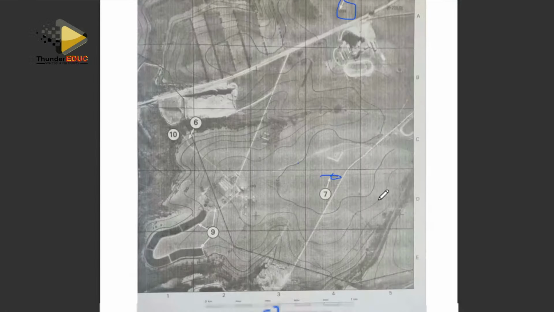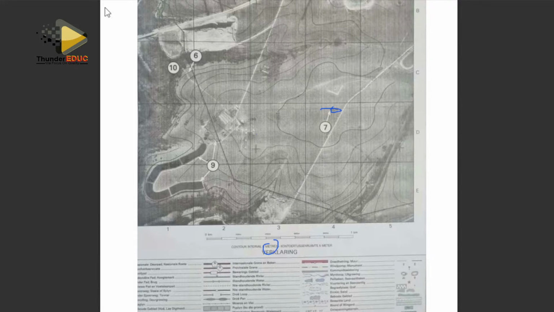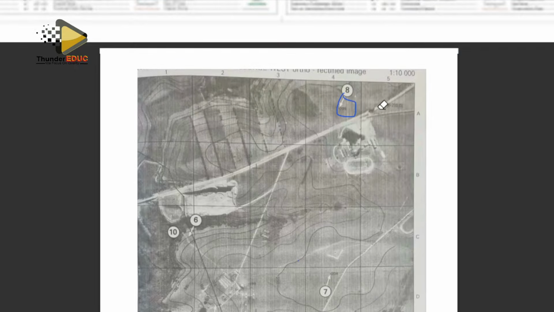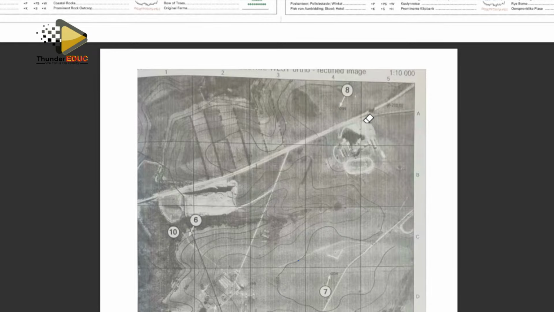We go quickly here. I will first of all take this out. Okay. And then you look for the height for that place and the height for the other one. Let me also take this one out. Okay.